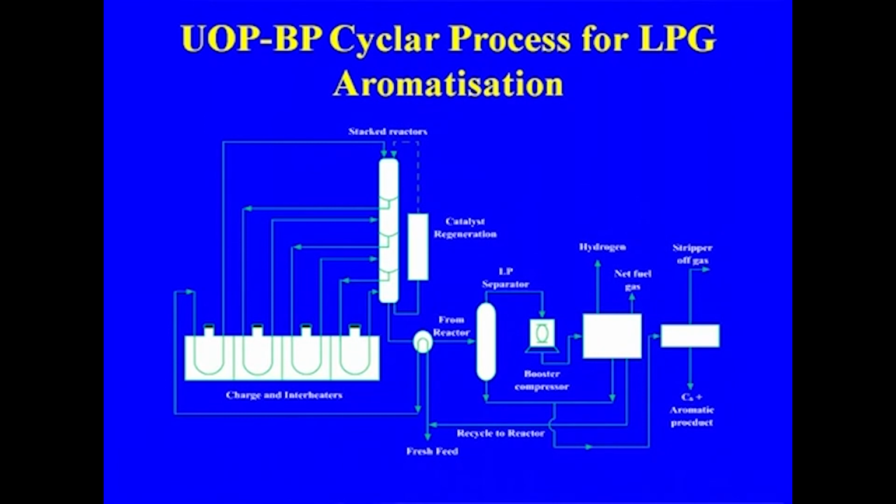So stacked reactors and interheaters are there, and finally after the conversion, we are getting the aromatic gas. This is similar to your catalytic reforming process, one reactor, then the second. And finally continuous regeneration is also taking place.